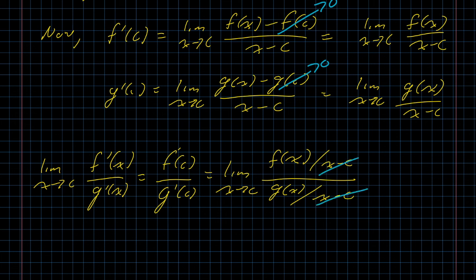And the x minus c's cancel each other out, leaving me with the limit as x approaches c of f of x over g of x.